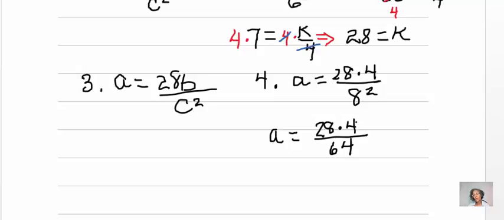And 4 into 4 is 1. And 4 goes into 64 16 times. So I'm left with 28 over 16, which I can reduce.